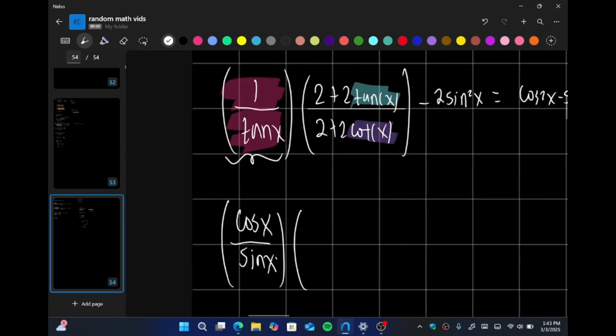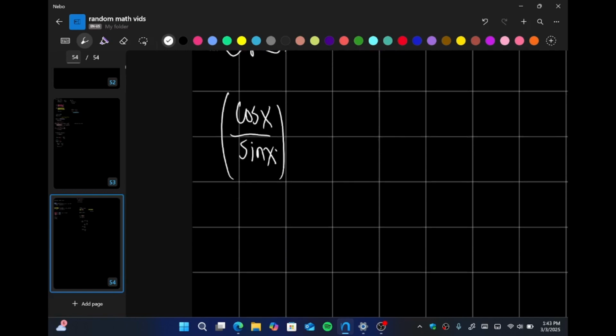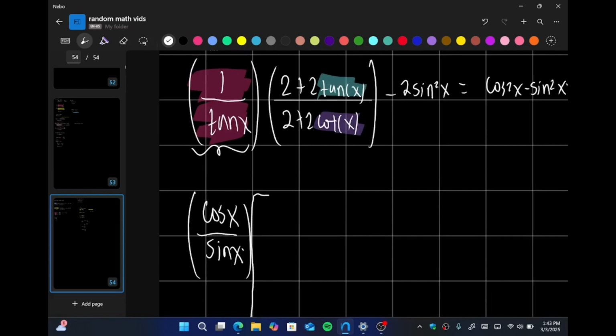So it's going to go times 2 plus 2, and actually, let me do this the following way because it's going to be a long expression. 2 plus 2, and then sine x over cosine x, over cosine x.